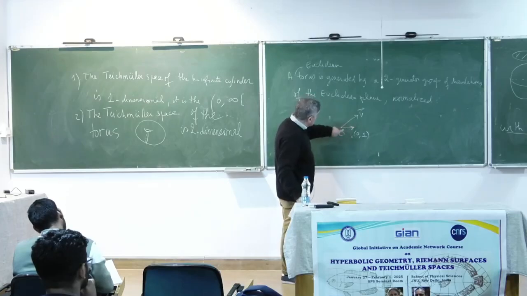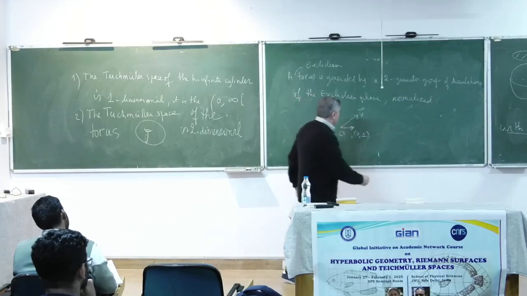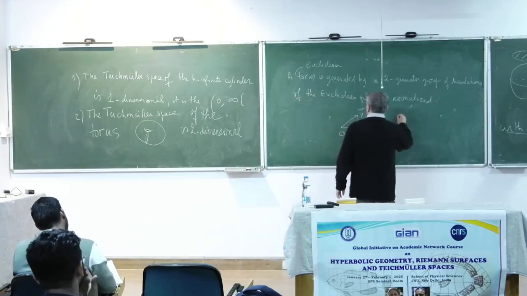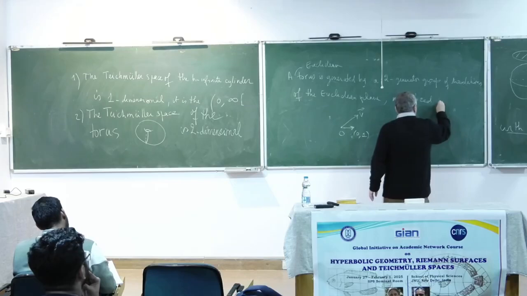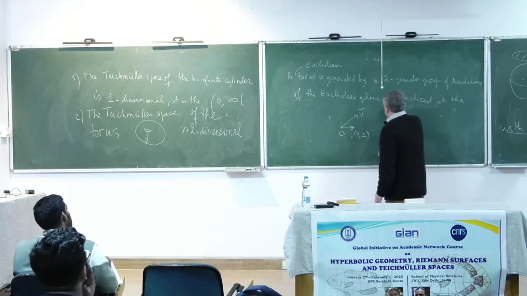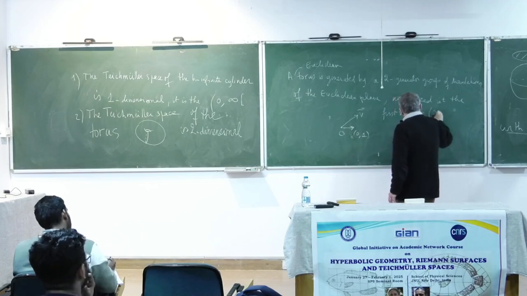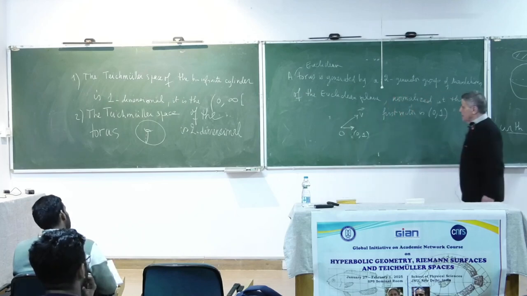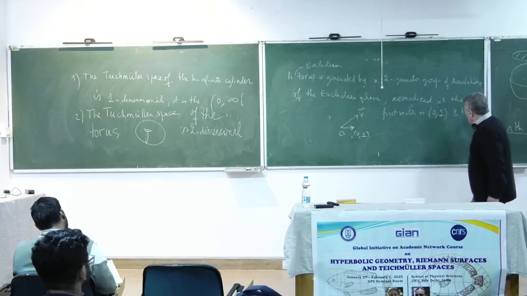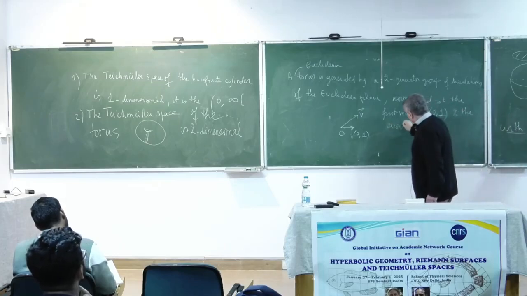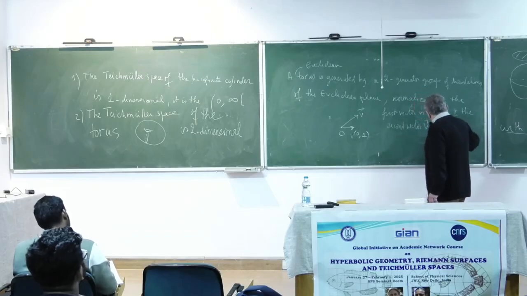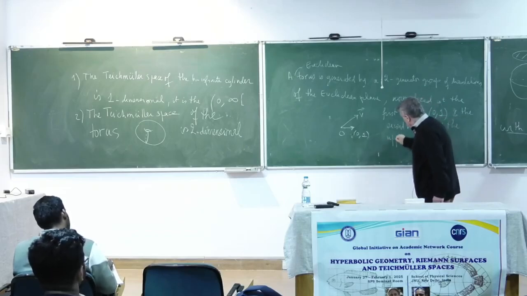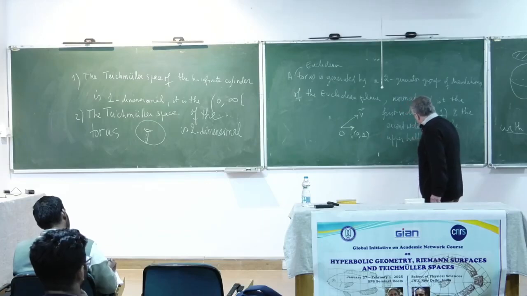So normalized so that the first vector is the vector 0, 1, and the second vector v is in the upper half plane.